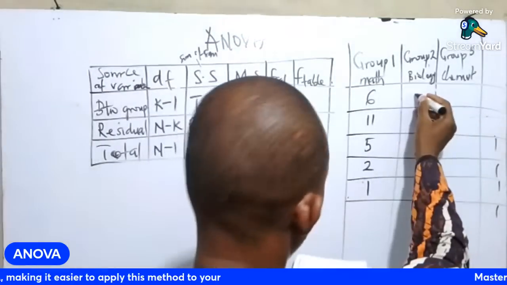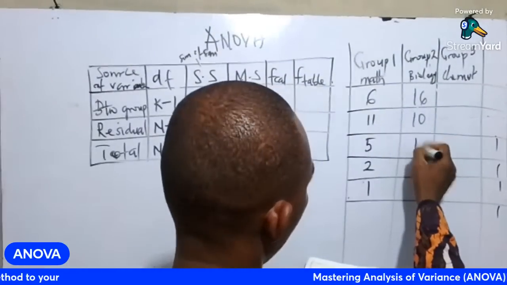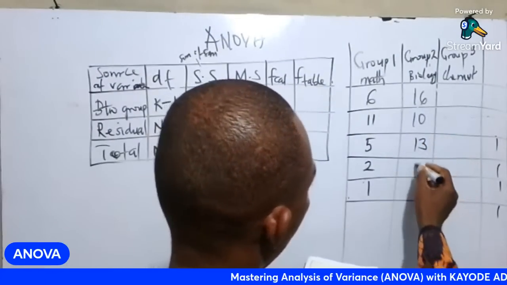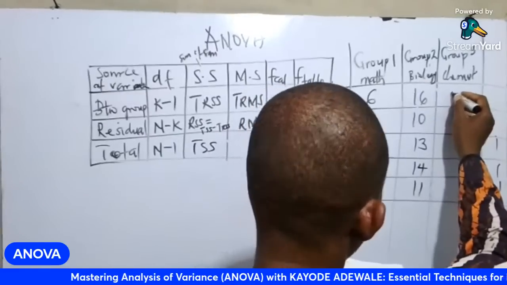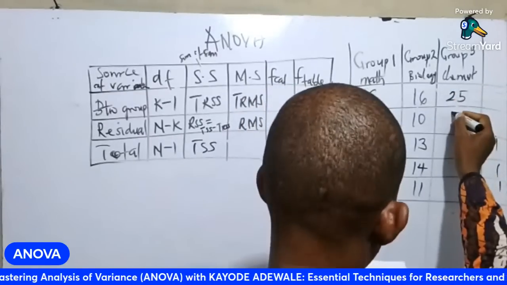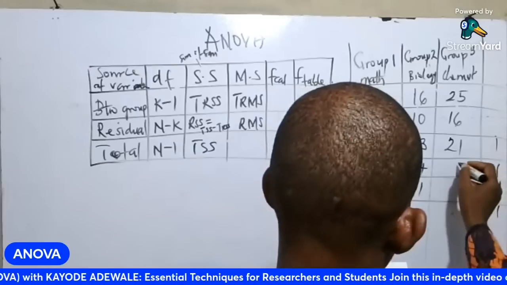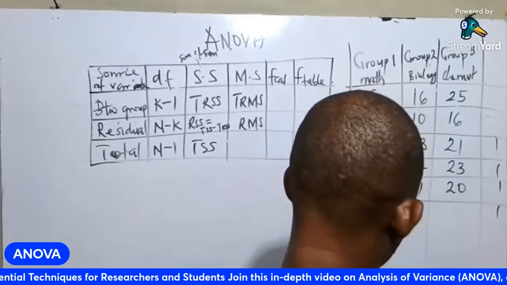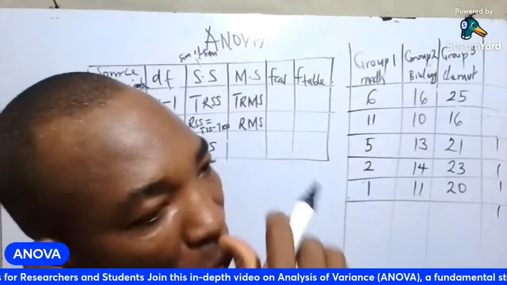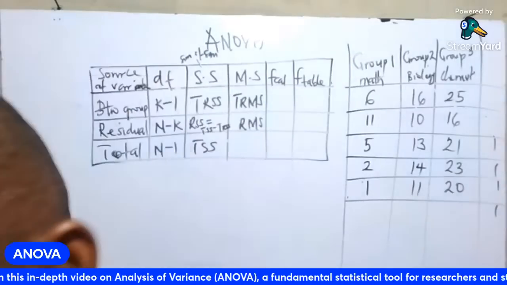For the second group, 16, 10, 13, 14, and 11. The third group, 25, 16, 21, 23, and 20.